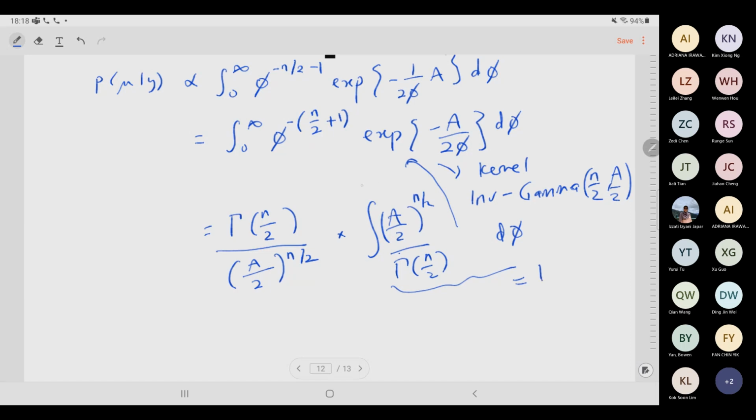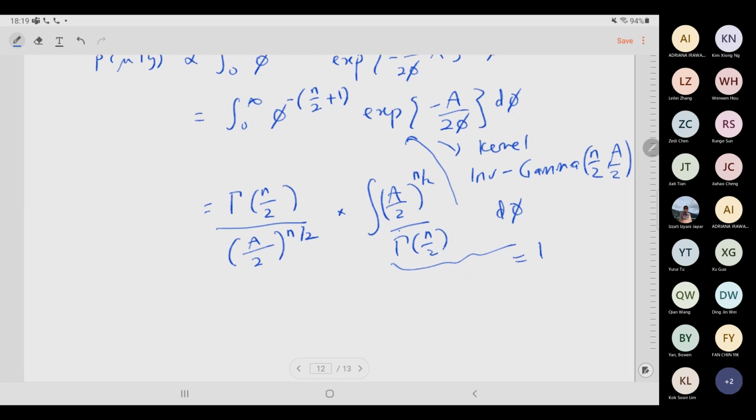Because this is a kernel, as I said, it's not a proper PDF, so you multiply with a constant and then multiply the reverse as a constant. So this one will become 1, because this is actually a PDF of the inverse gamma, so it will integrate to 1. And you are left with the leftover constant.